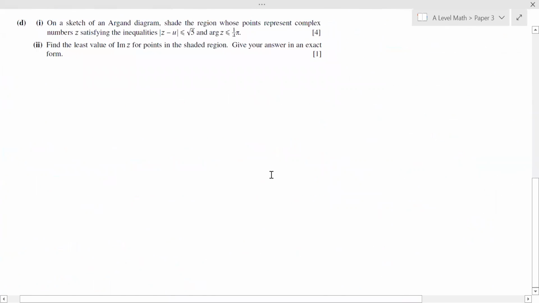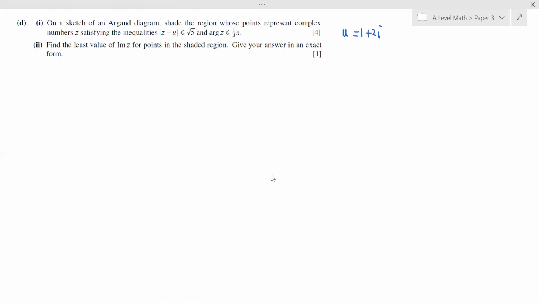Part D, on a sketch of an Argand diagram, you need to shade the region whose points represent complex number z, satisfying the inequality: the absolute value of z minus u is less than or equal to square root 5. This means the distance from any complex number z to u, and we know that u is 1 plus 2i from the initial question, must be less than or equal to square root 5.